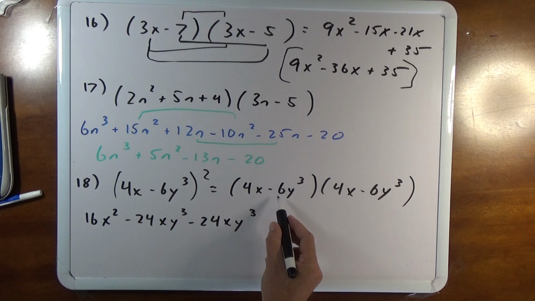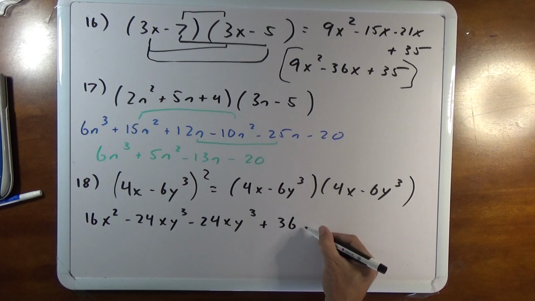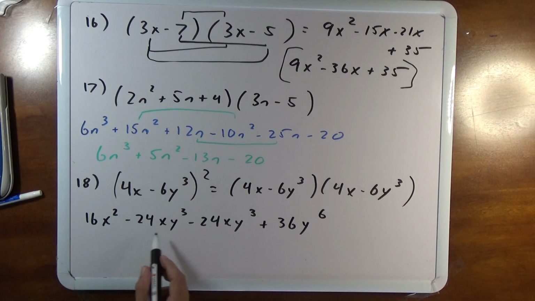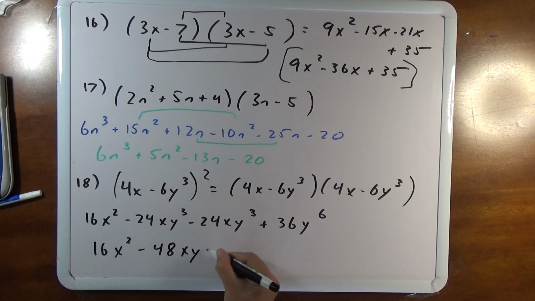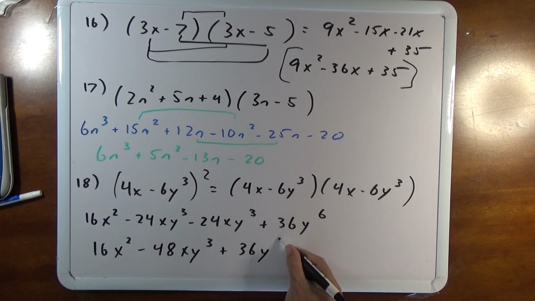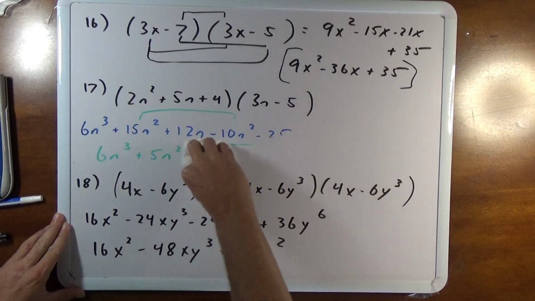And then negative 6y cubed times negative 6y cubed is 36y to the sixth. So now I can combine these two: 16x squared minus 48xy cubed plus 36y to the sixth. So I want to erase above 18 to show you what's happening here.